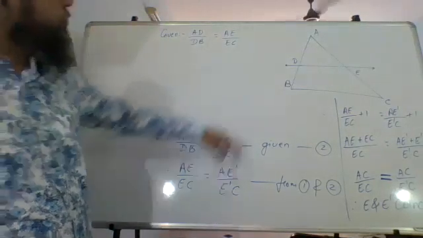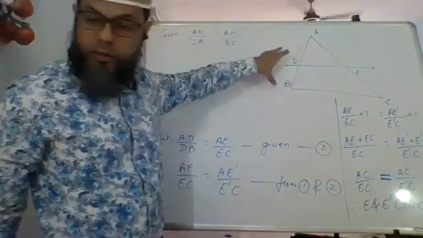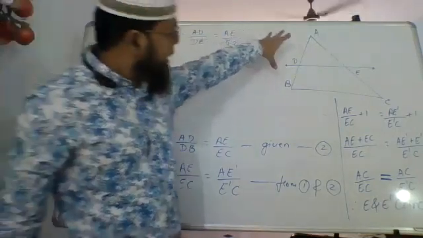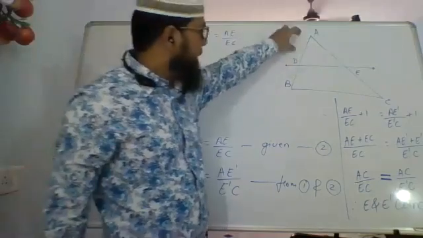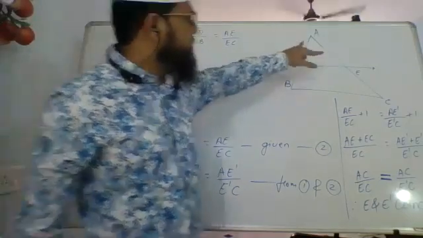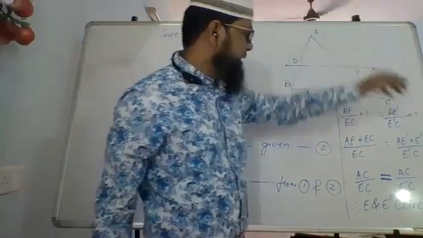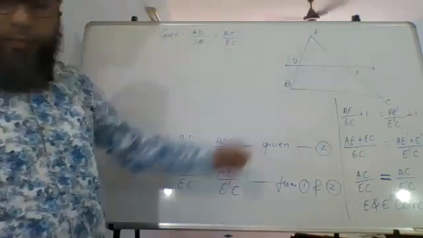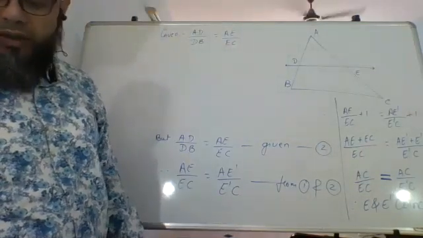Now we are going to prove AD upon AB, the full side. AD upon AB is equal to AE upon EC. That is what we are going to actually get by adding 1, nothing much. Okay, write down.